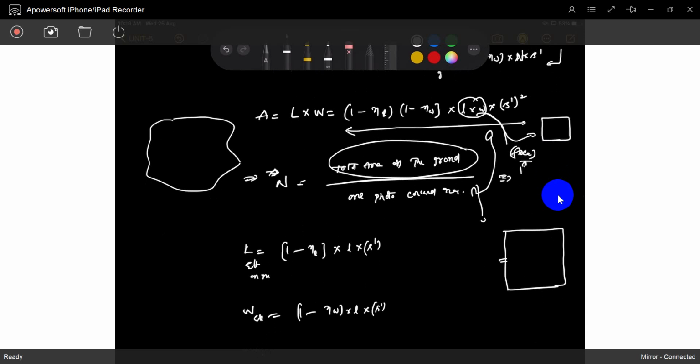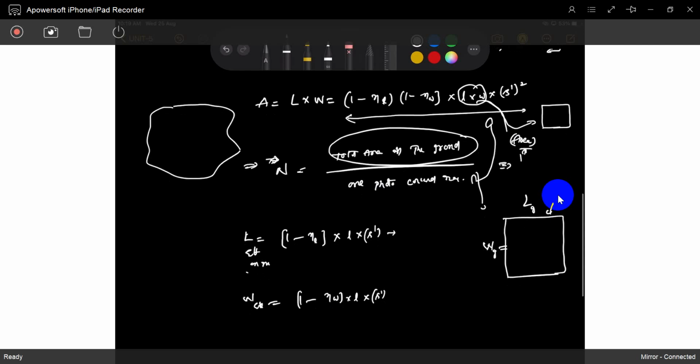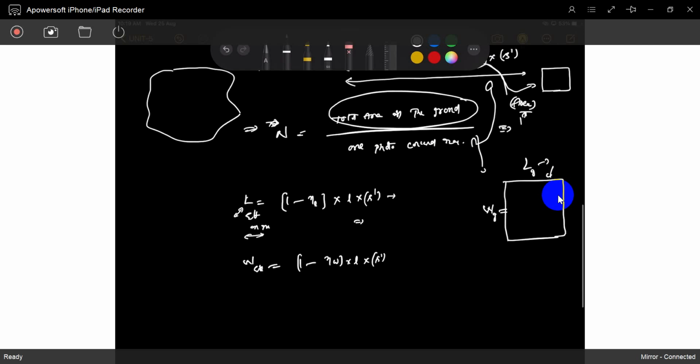If the ground has a regular shape, with a ground length L and ground width W, it will give like this. We already know how much length is covered on the ground by one photograph, effectively. So we know the ground length. If you know the ground length, how can you find the number of photographs required to cover the length? Easy.